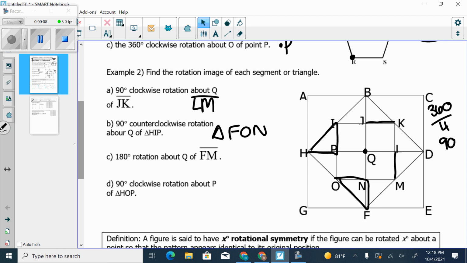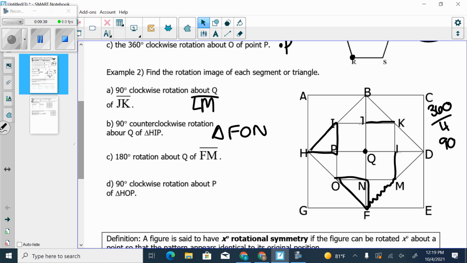All right. C says 180-degree rotation of the line segment FM. Okay, so FM is this one right here. If I go 180 degrees, it doesn't matter which direction, because either way, that's half of a circle. So if this is in the bottom, and it moves this direction, counterclockwise, then right here, it would turn and come up.